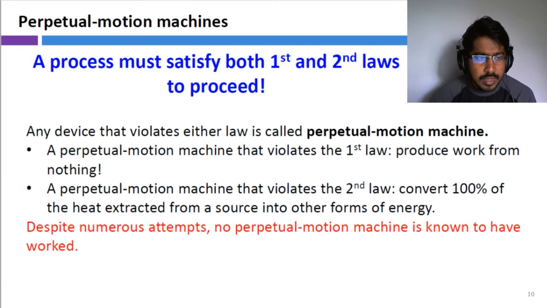And a perpetual motion machine that violates the second law converts 100% of the heat extracted from a source into other forms of energy. You cannot have that either. So you add 100 kilowatts of heat to a heat engine, and you cannot receive 100 kilowatts of work from that engine, right?